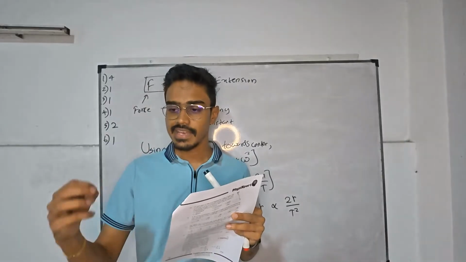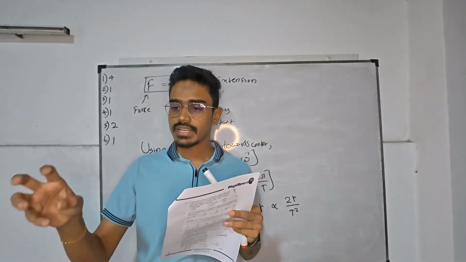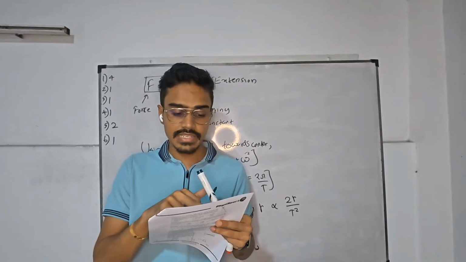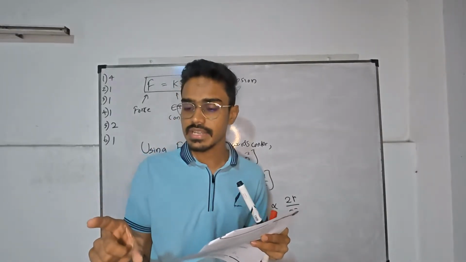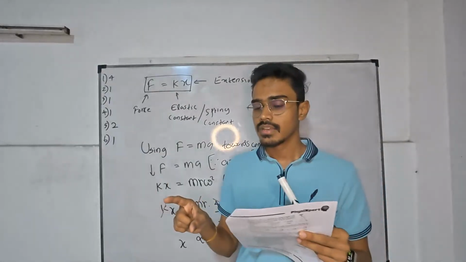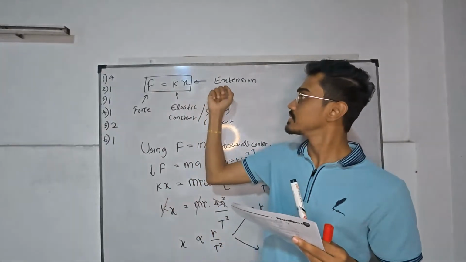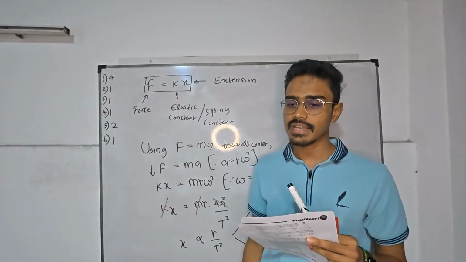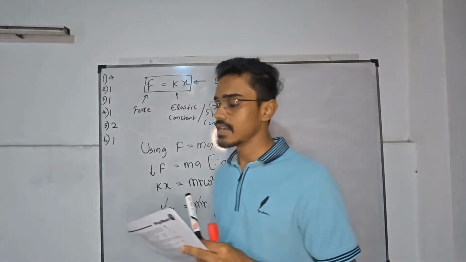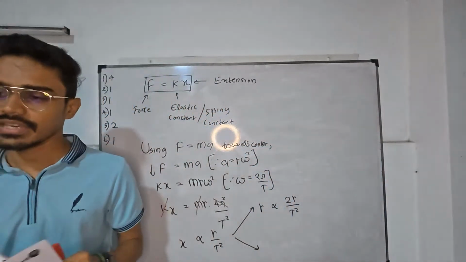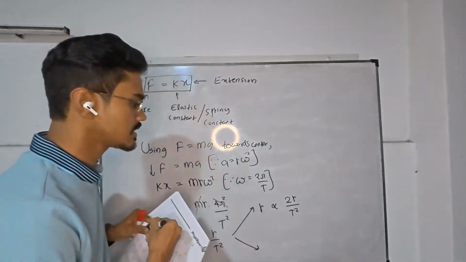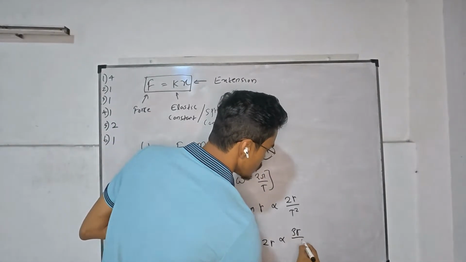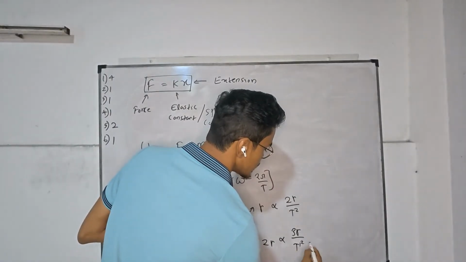The unstretched length is the natural length, so the extension is the additional length beyond it. So 2r is proportional to 3r over T dash squared.